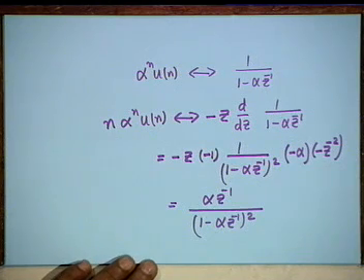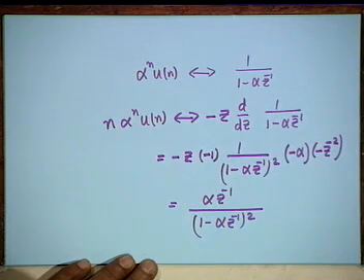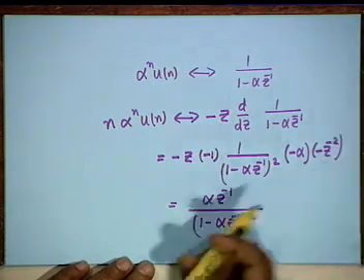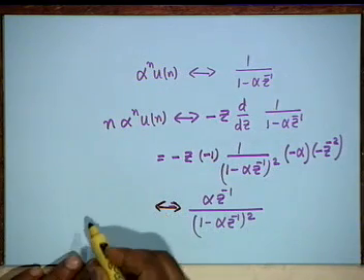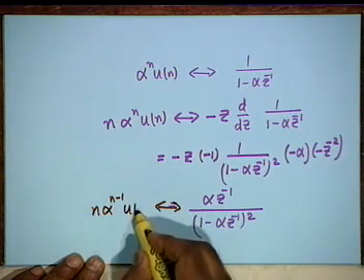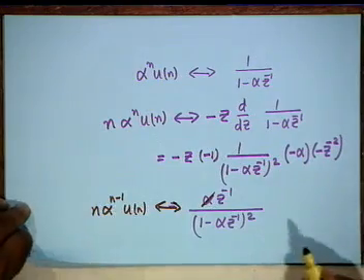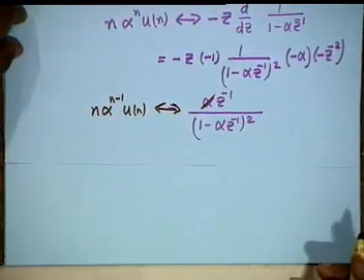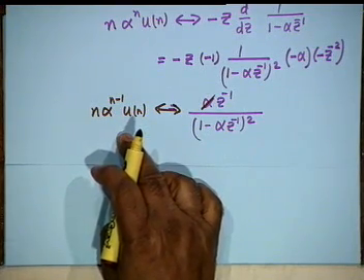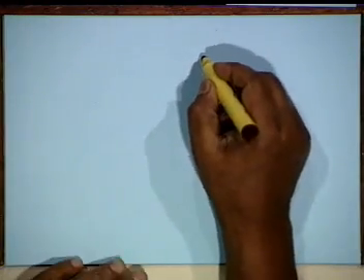What we want is that the numerator should be 1. Therefore, first I divide by alpha, so I get n alpha to the n minus 1 u(n), this alpha goes. Then if z inverse has to go, the sequence should be advanced by one sample, and therefore I get something interesting I want you to notice.